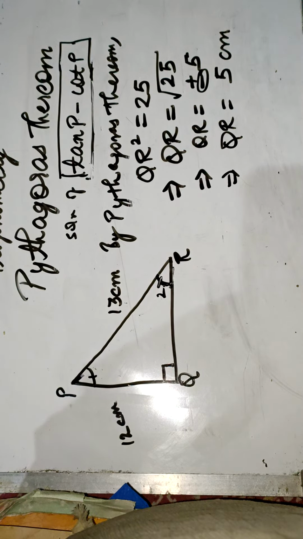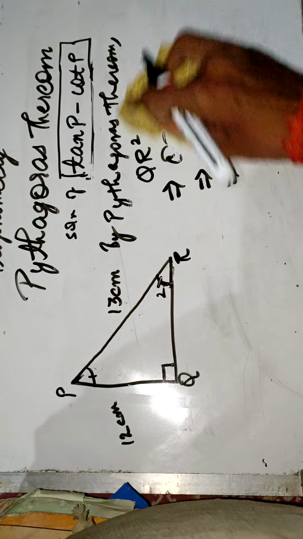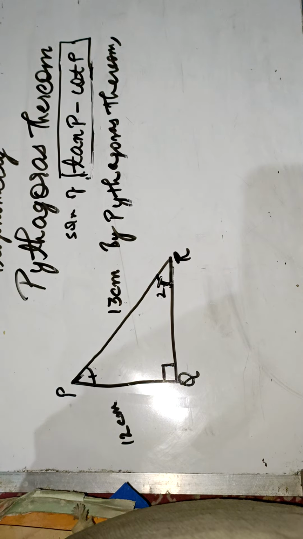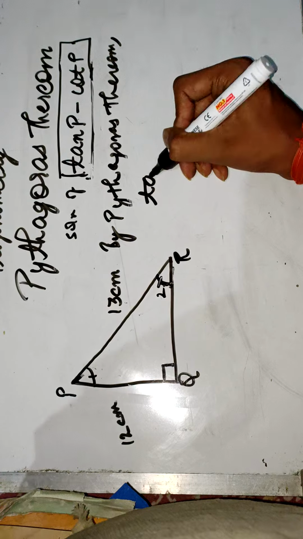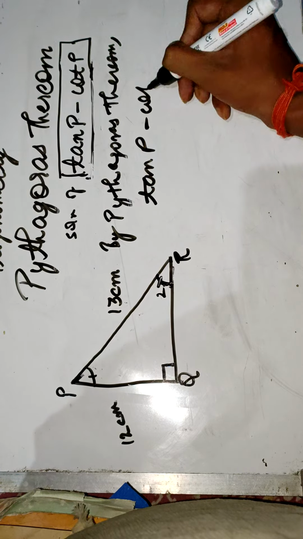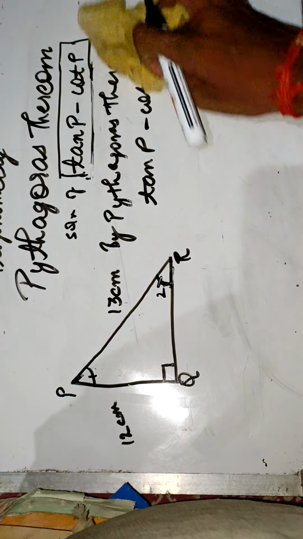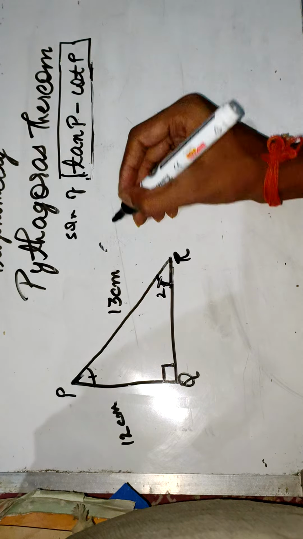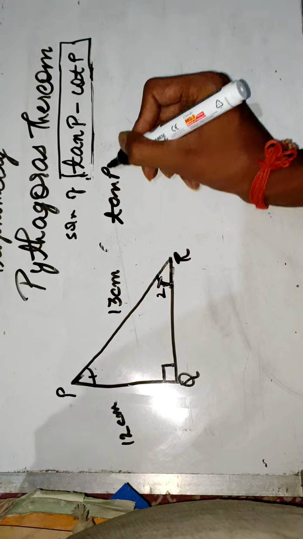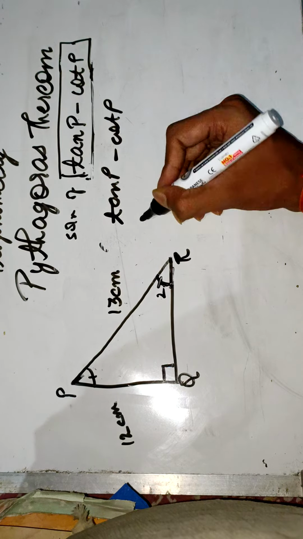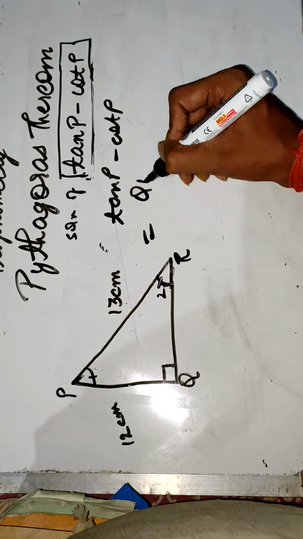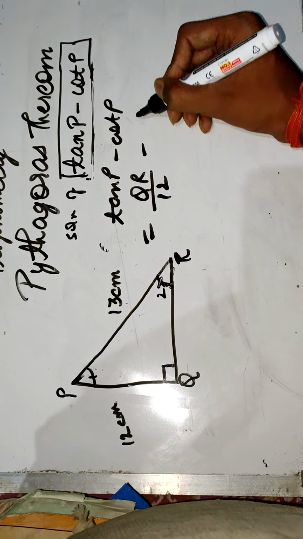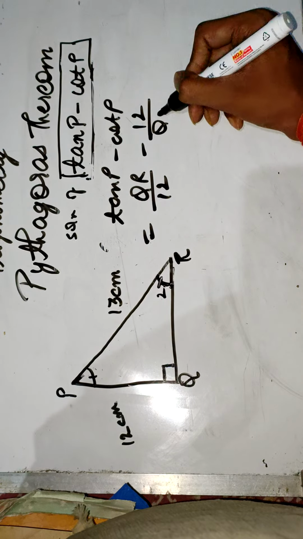Alright. Now as per the question, we have to calculate the value of tan P minus cot P. Now tan P was equal to QR upon 12 and cot P was equal to 12 upon QR.